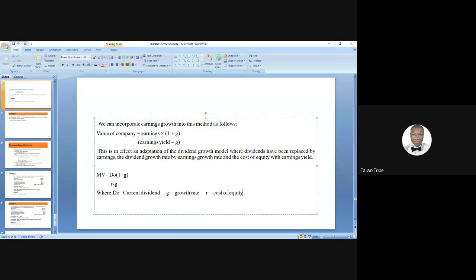So also, we can have issues of earning yield. When we talk about earning yield, who can tell us something about that? Oga Priest, are you there?